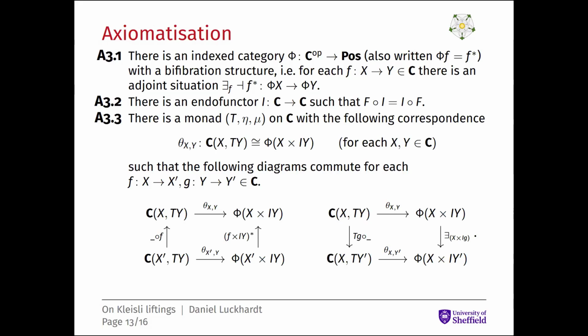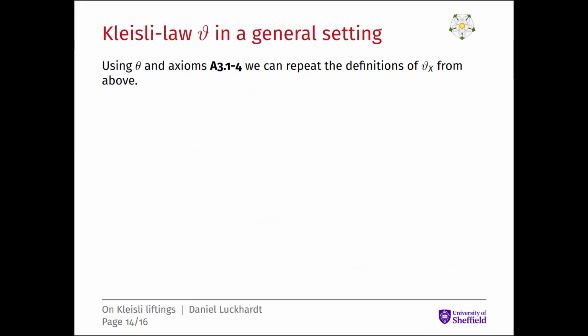We require two compatibility conditions. The first one is for composition from the right, and the other one is from composition from the left. One is compatible with phi, where the star means phi, and the other one is compatible with the direct image. Finally, we have our predicate lifting, that is a natural transformation. Under all these assumptions, if I would go back to the previous slide, you would see that all these definitions make sense. So thereby we can define our theta x.